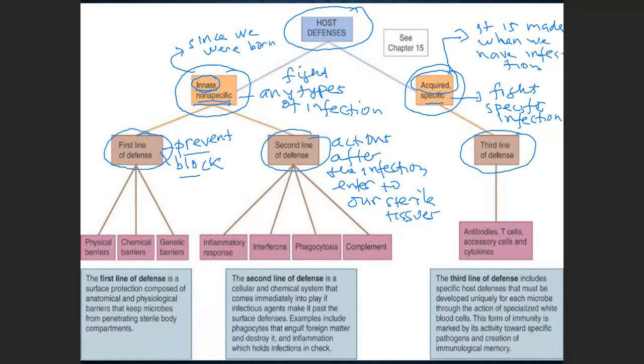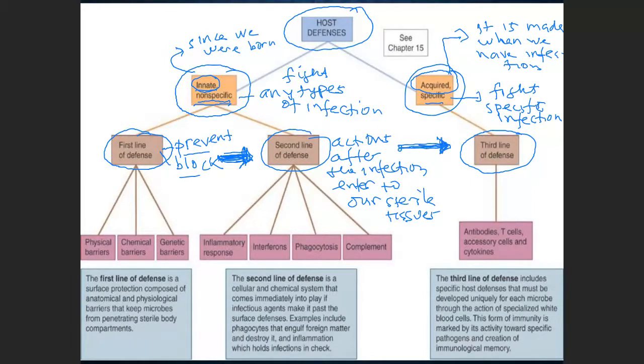Start from blocking the entrance, which is the first line of defense. Then if it fails, it goes to the second line of defense. If the second line fails, then it will go to the third line of defense mechanisms.